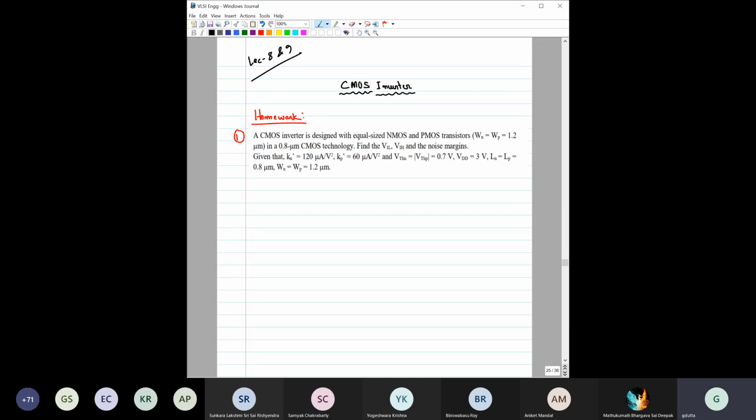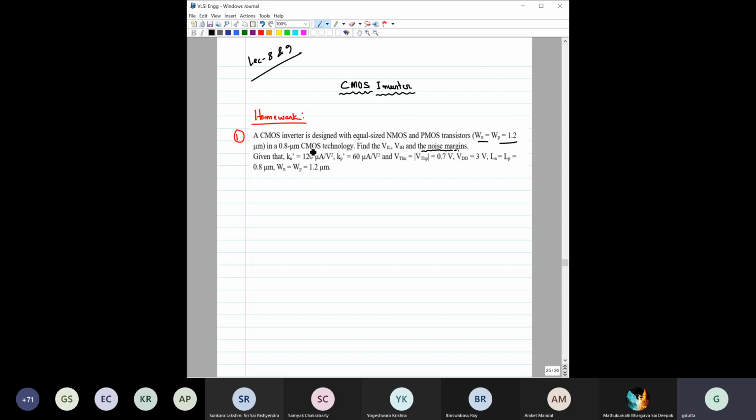So let us start our class today with a homework based on this CMOS inverter only, and you have to find the noise margins. It says that a CMOS inverter is designed with equal size NMOS and PMOS transistors, where the widths are the same, W and W meter, in a 0.8 micrometer CMOS technology.